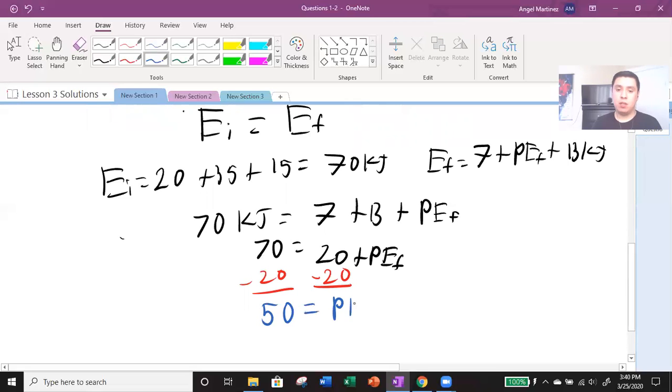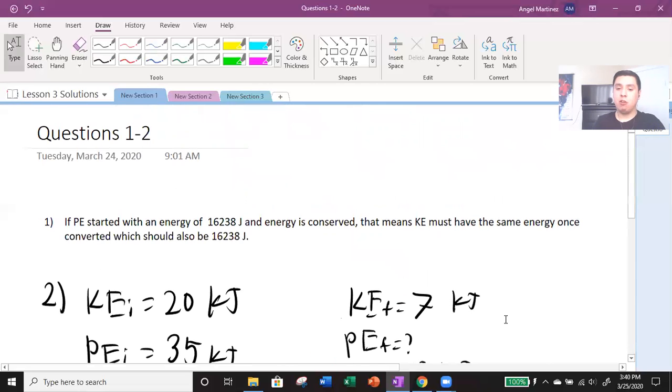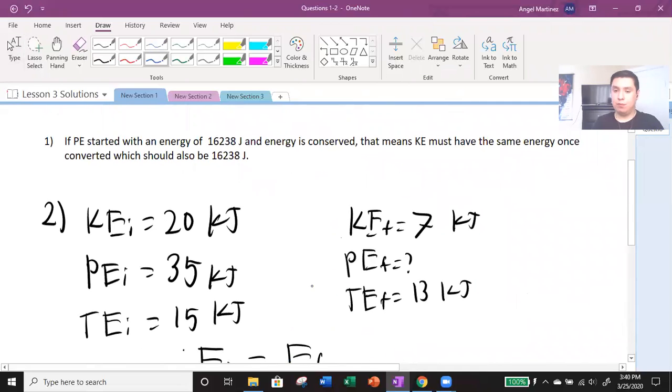Equals PEF. That's the only thing we solved for. So the final potential energy will have to be 50 kilojoules. And that makes sense because if you put 50 here, you add these up, 7 plus 50 is 57, plus 13 is 70. So that matches up with this side. Okay, that's what I have to do for number 2.